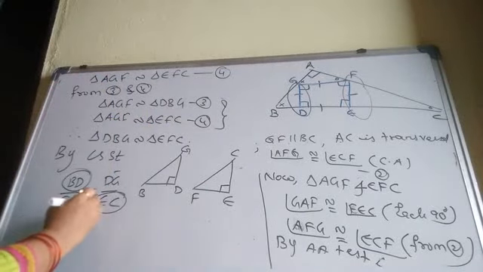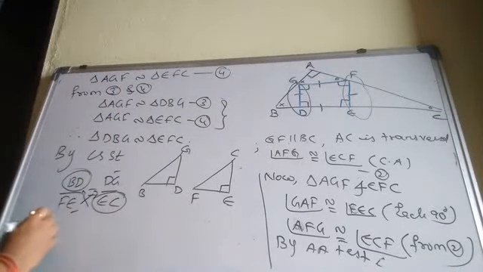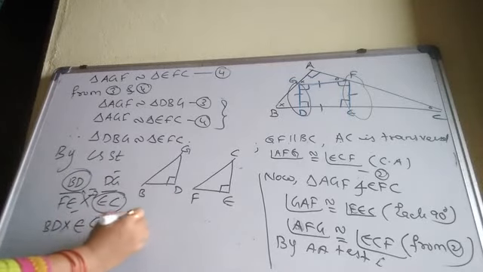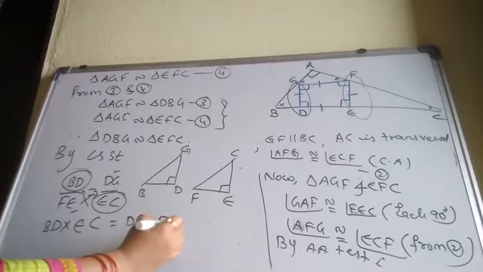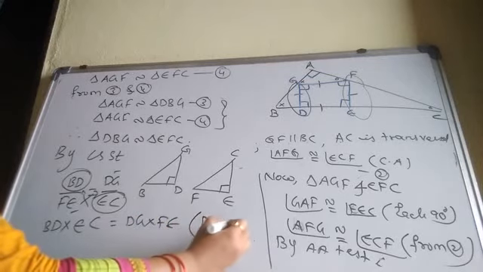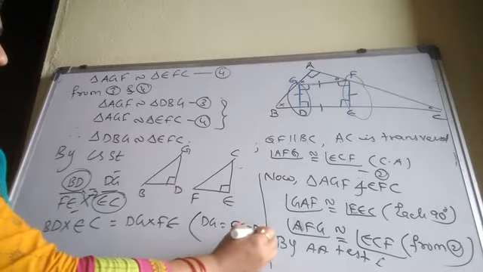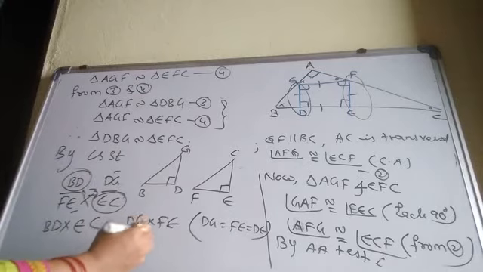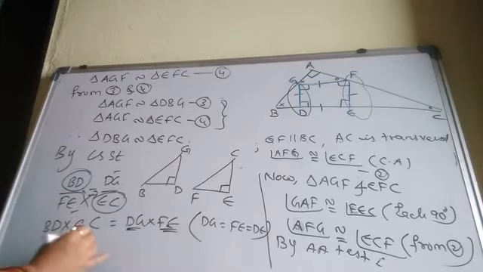So here see, first we will cross multiply. BD into EC equal to DG into FE. Here DG equal to FE equal to DE. Why? In a square all sides are equal. So here I can write DE into DE.